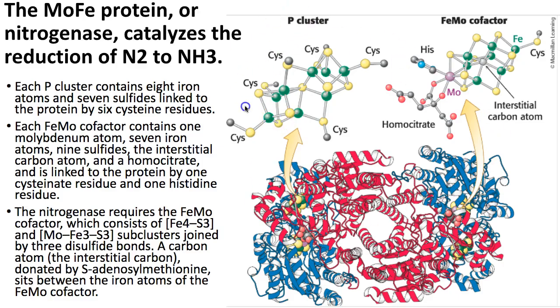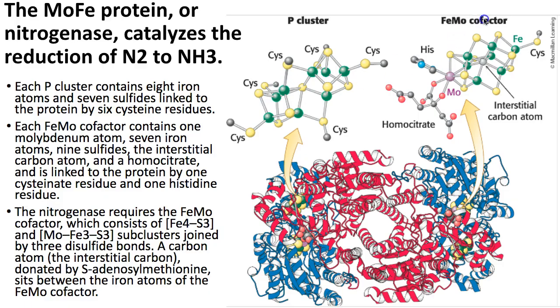Remember, for the reductase, it has this iron center, which is a P cluster, with iron and sulfide and these cysteine residues. Each P cluster contains 8 iron atoms and 7 sulfides linked to the protein by 6 cysteine residues.